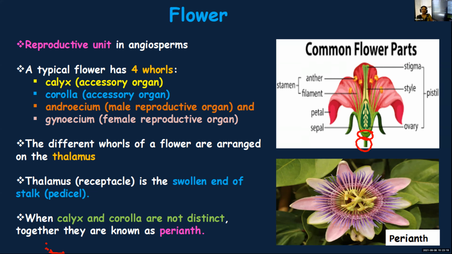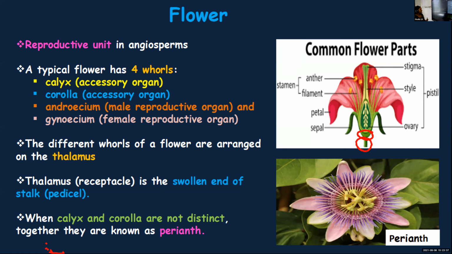In lily, in water lily also, you can find this perianth. Lotus, water lily and others also have perianth, where the calyx and corolla are not distinct.